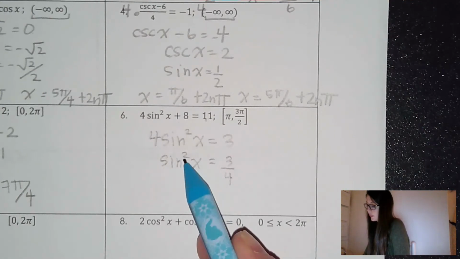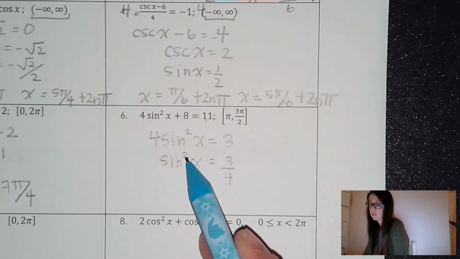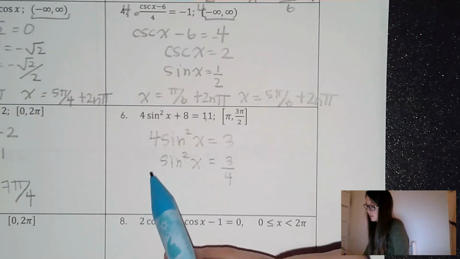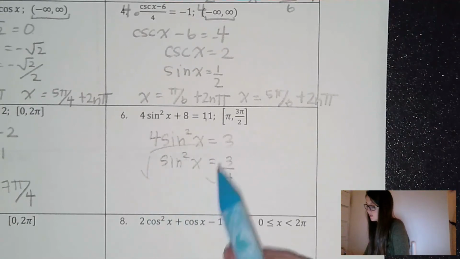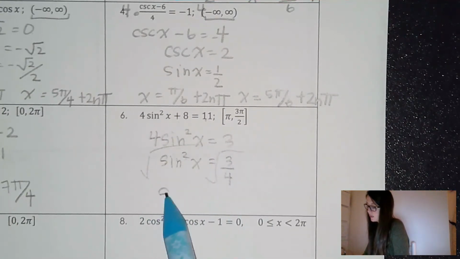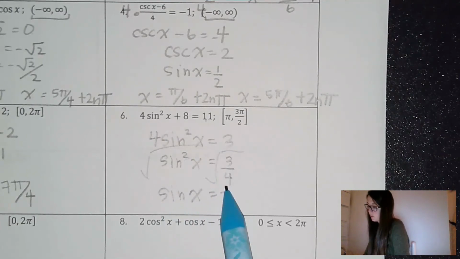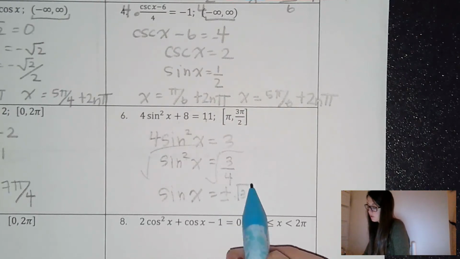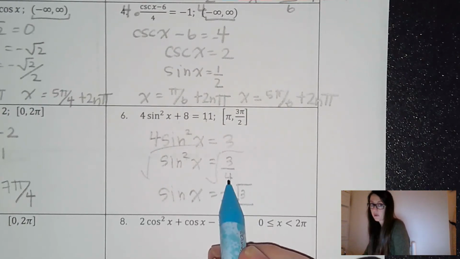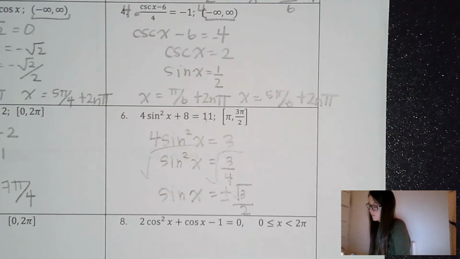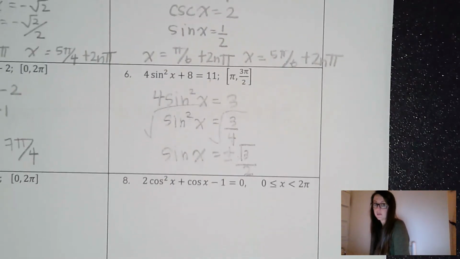Well, for this one, just like if you did this in an algebra class, you could isolate, so you could basically take the square root of both sides, and you will be left with sine x. When we take the square root, you'll be left with plus and minus, and this is going to be square root of 3 over square root of 4, which is 2. So it'll be over 2 there.